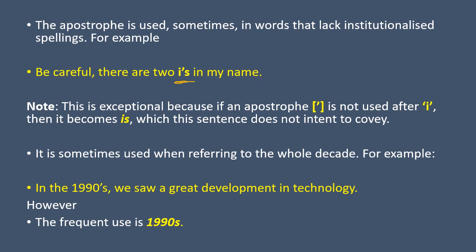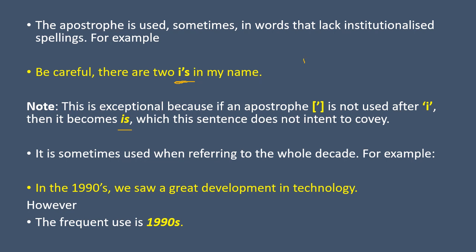This is an exceptional case, because if an apostrophe is not used after I, then it becomes is, which this sentence does not intend to convey. So for example, I mentioned that apostrophe is never used to make any word plural, but here we have used it. Be careful, there are two I's in my name.